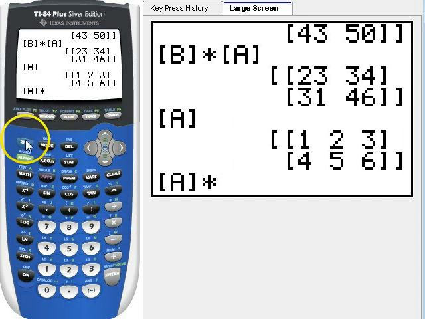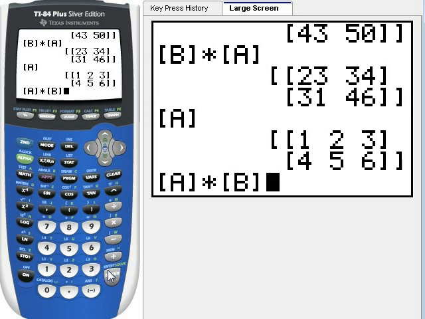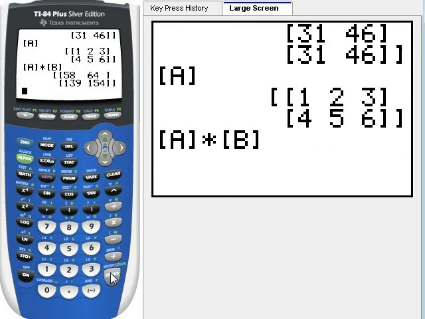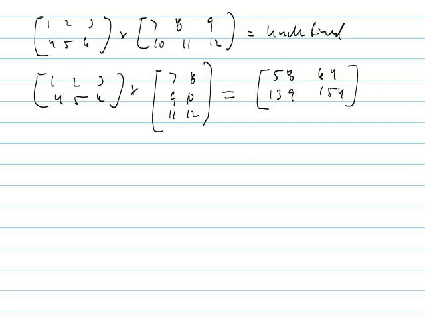A times B, and that one turns out to be defined and has an answer of 58, 64, 139, 154, and we'll try to learn how that happens. And I'll show you in the next few minutes why that is. And I'll show you with this example.